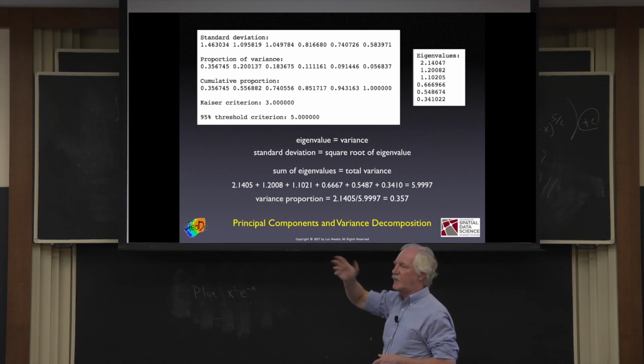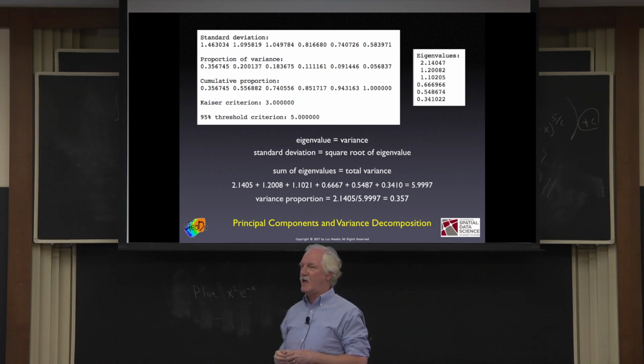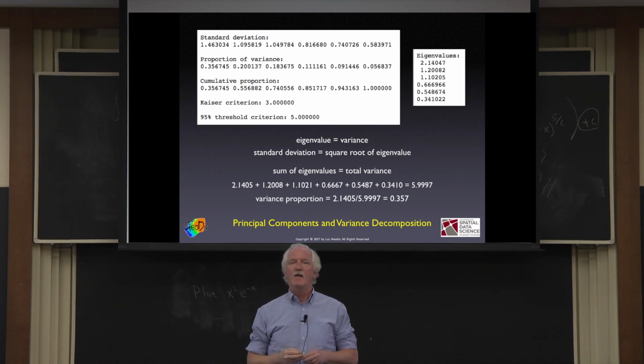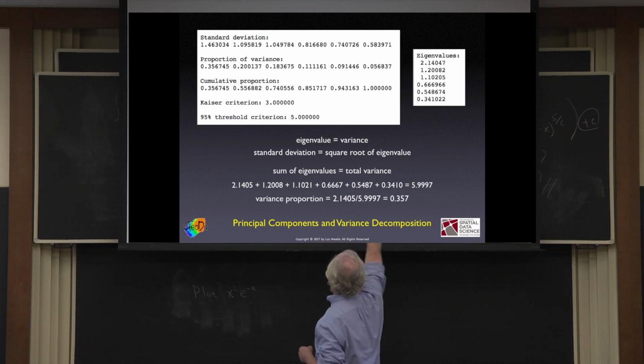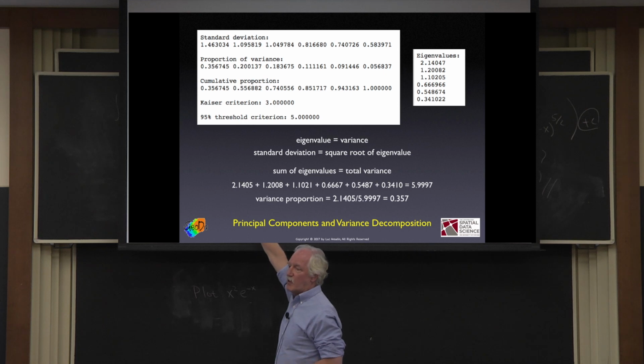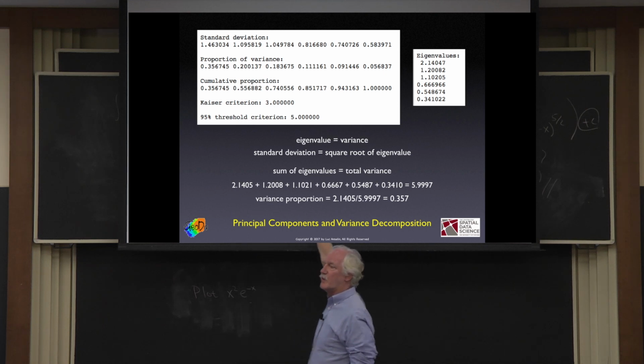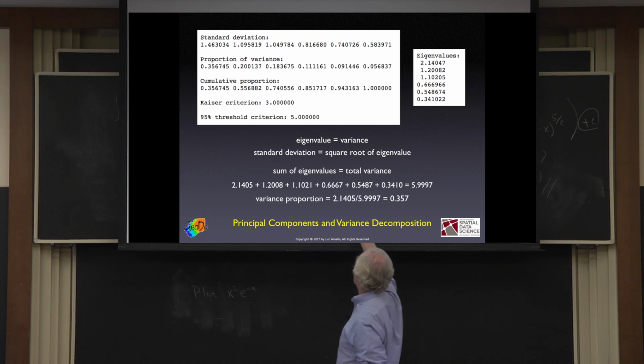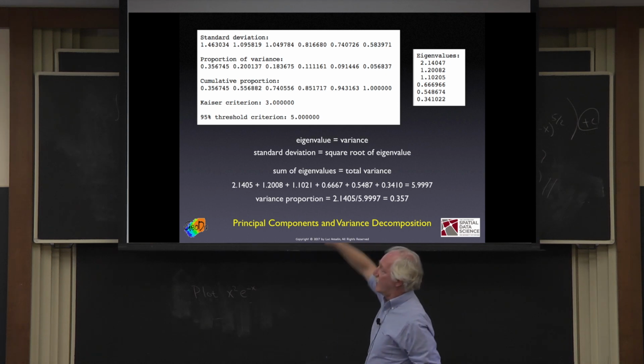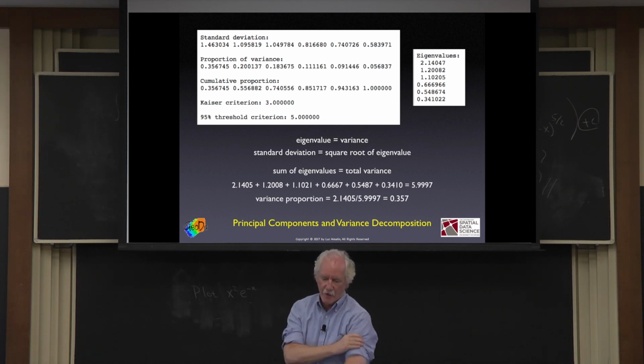Now, think about it. These variables are all standardized so that their mean is 0 and their variance is 1. So what is the total variance? 6. There's 6 variables. So each of these eigenvalues is the variance corresponding to one of the principal components. You take the ratio of the first variance over the total variance, and that gives the percentage explained.